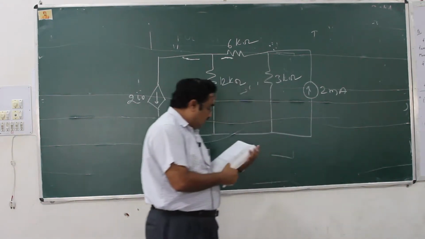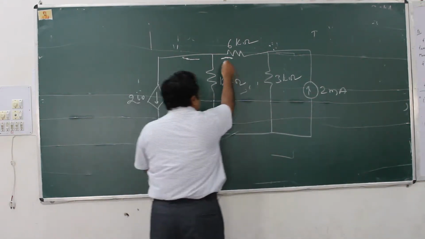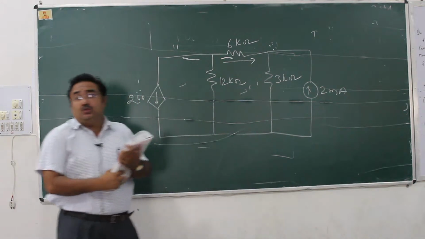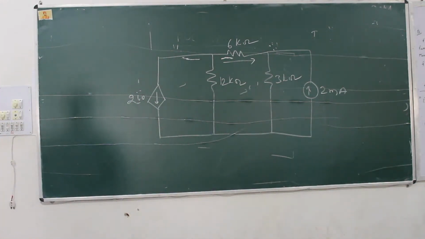Okay, so find out the current through 6 kilo ohm using nodal analysis.